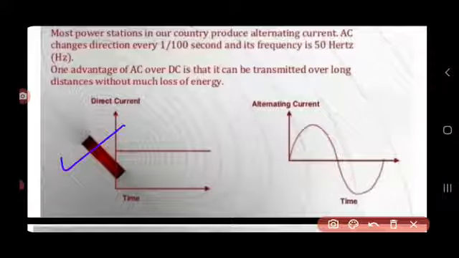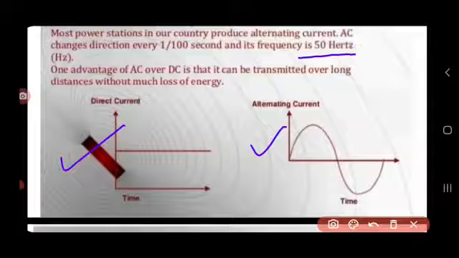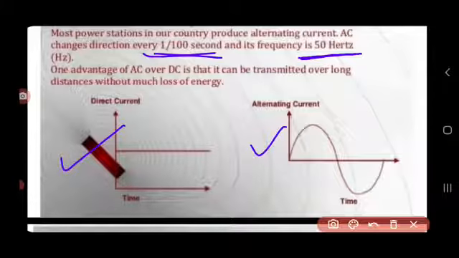We repeat once again. In direct current, current always flows in a particular direction, that is unidirectional. The example of direct current is the current that we get from a battery, and alternating current is current in which magnitude is continuously changing and direction changes periodically, that is AC.